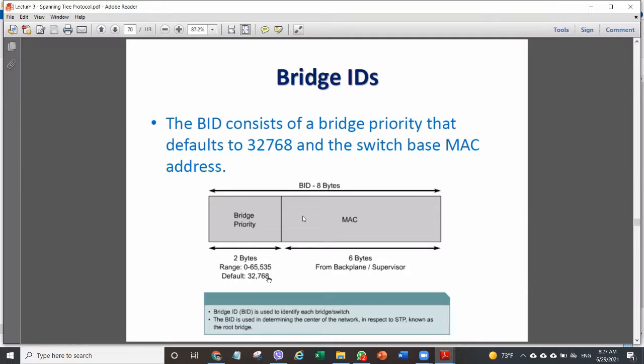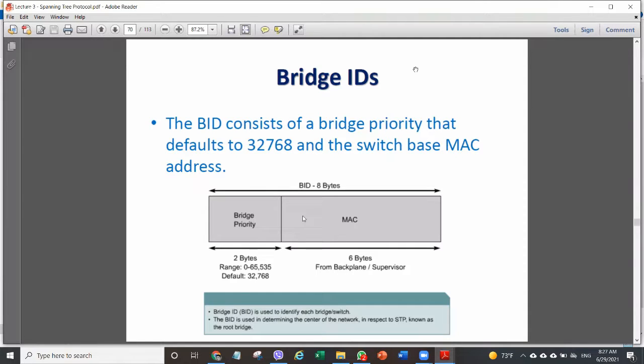Once every switch has the default value, are we giving the priority or not? Now you all are around 10, 11 in the class. All of you have the same priority.